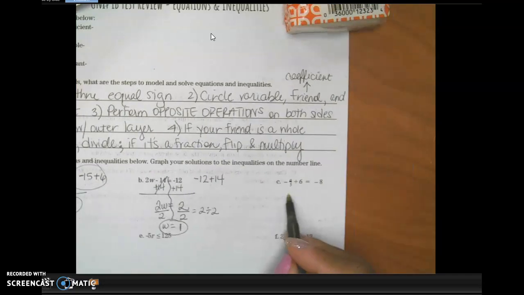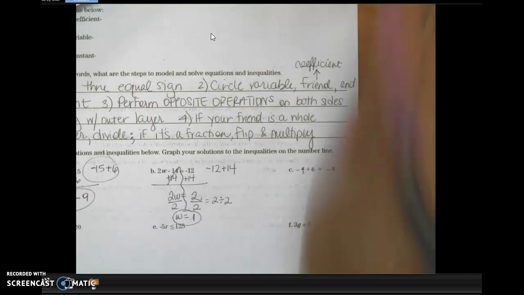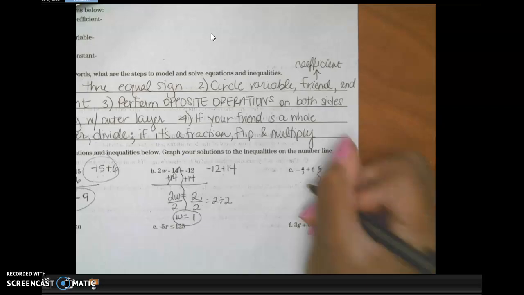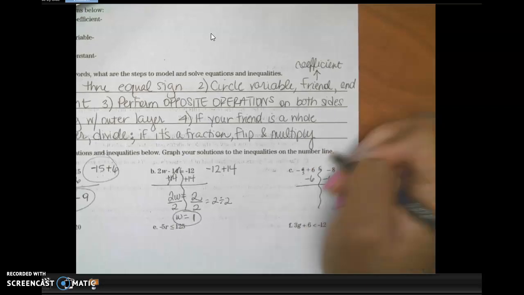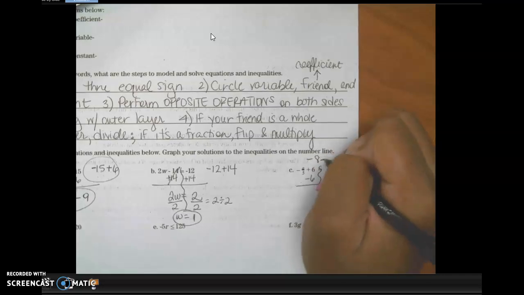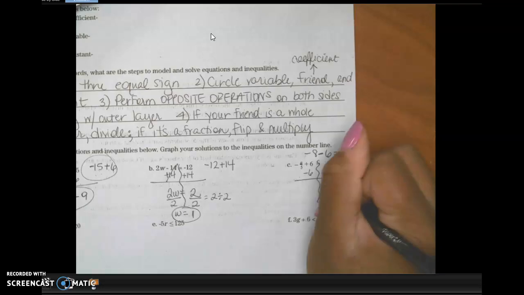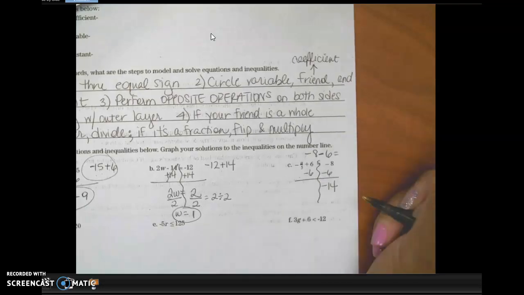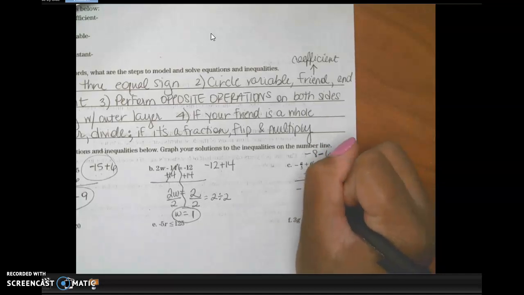Over here, what do I do first? Negative 6 on both sides. I have a problem over here. Negative 8 minus 6. Good. Negative 14, same signs. Add and keep that sign. Then over here, I'm left with negative a over 5.